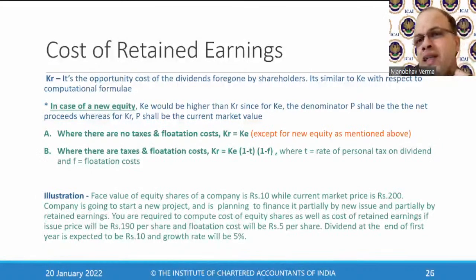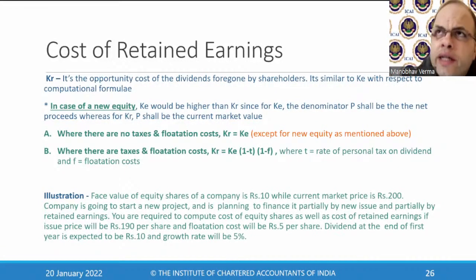But the interesting factor is when we issue new equity, we end up incurring some cost like a flotation cost. Generally, the cost of new equity is considered to be higher than the cost of existing equity or even cost of retained earnings, because you might incur some flotation cost, right?